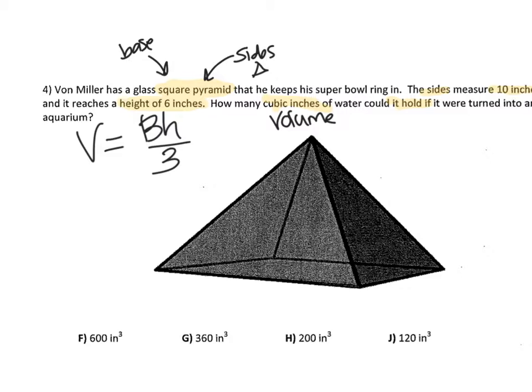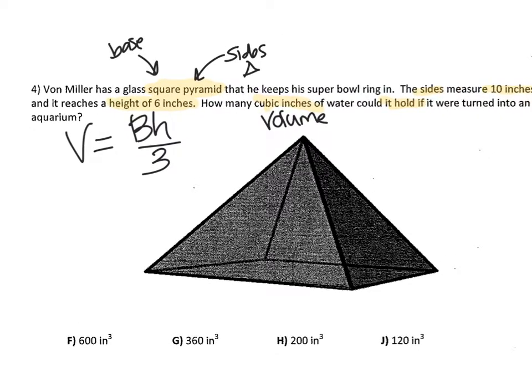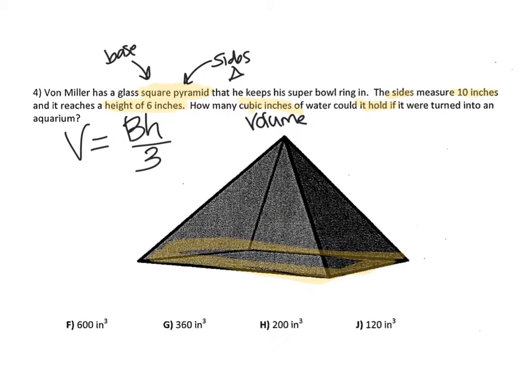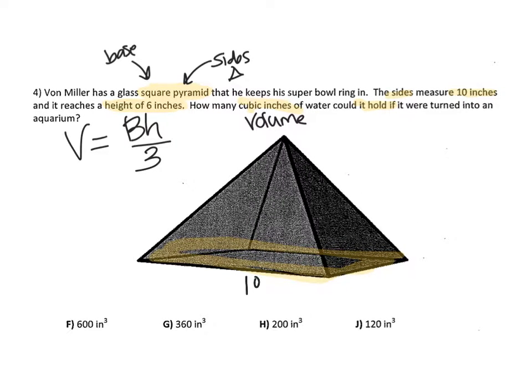Look at your formula chart. This is kind of hard to visualize since it's all filled in, but my base is a square and those side lengths were 10, so each side would be 10.